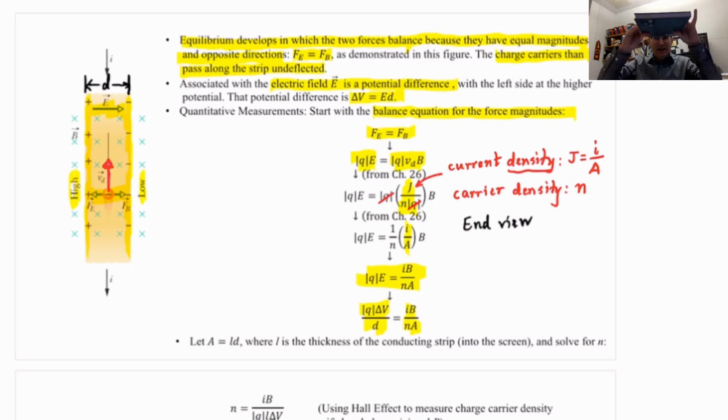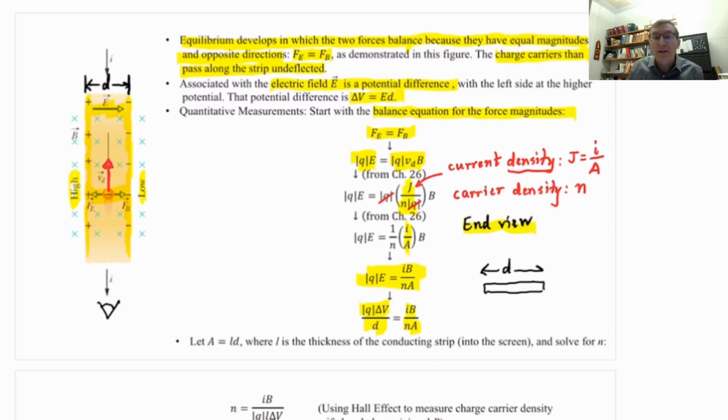Or I can look at it end view this way, with the current coming straight at me. And then the strip looks like that. So I'm imagining there's my eye right there, with the current coming straight at me. Then I see this end view I'm drawing over here on the right, where this distance is what I've been calling the width, D.